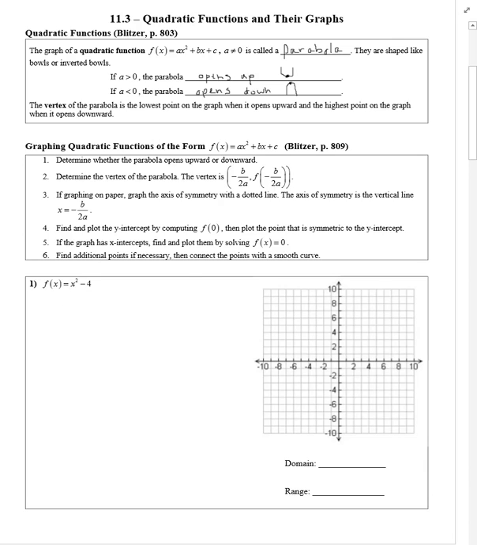So for example, let's take x squared minus 4. The first thing we're going to do is determine whether it opens up or down. So we look at the a term, and here there is an implied 1 coefficient on the x squared. So since a equals 1, the parabola opens up.